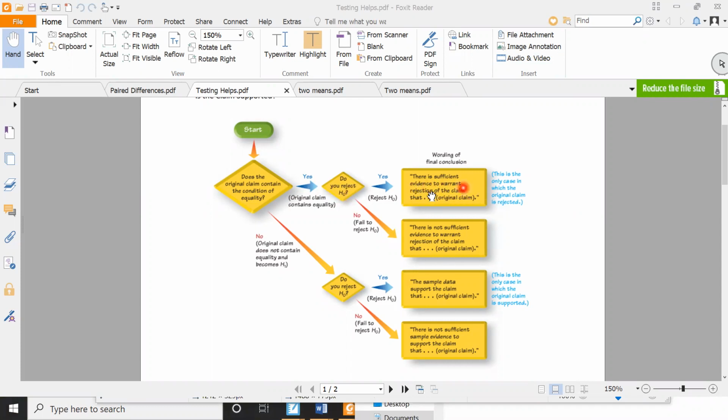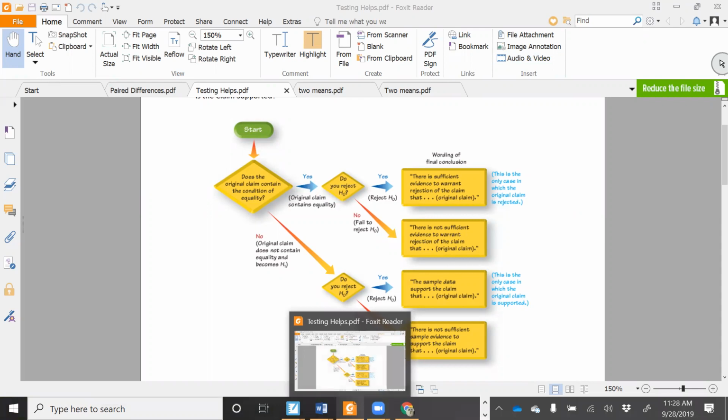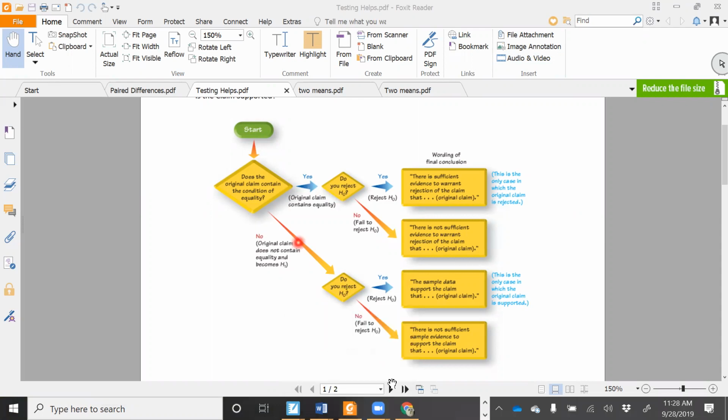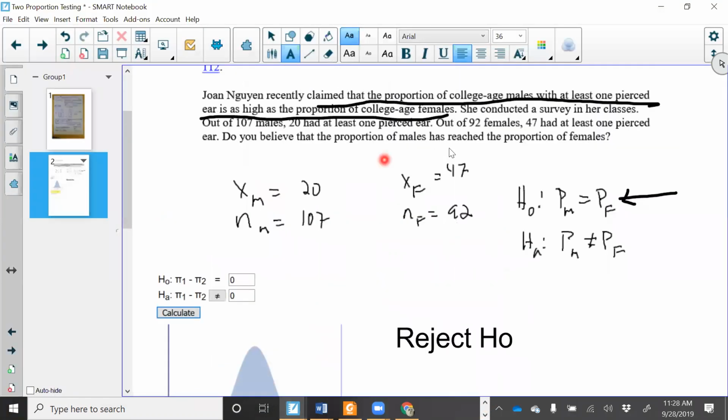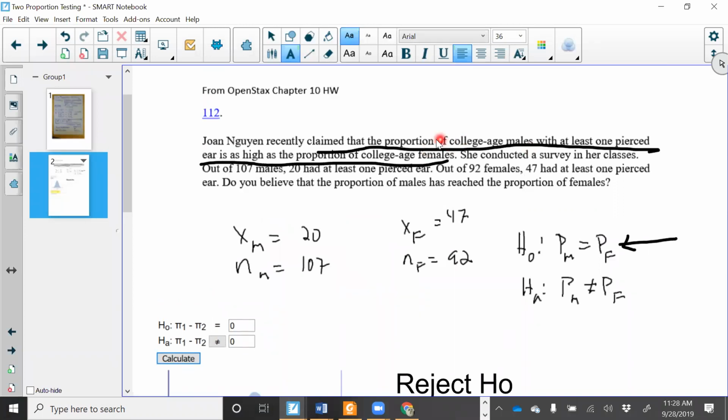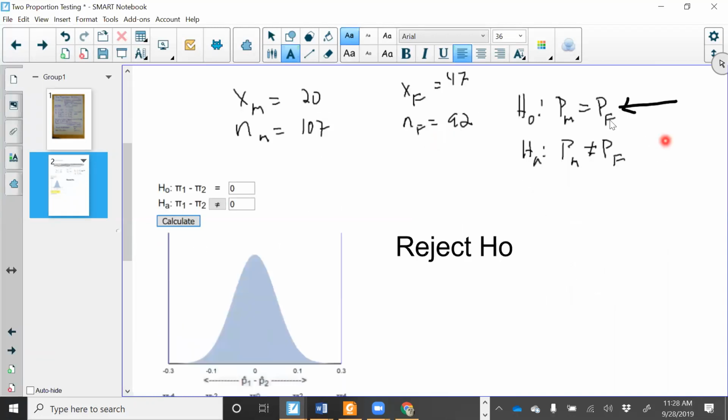So there's sufficient evidence to warrant the rejection of the claim that... She had made the claim that they were the same, and we're going to reject that. So there's not sufficient evidence to support that claim, or we're going to reject that claim. Okay, something like that. I'm glad I did this, because I picked this problem just because I had that.